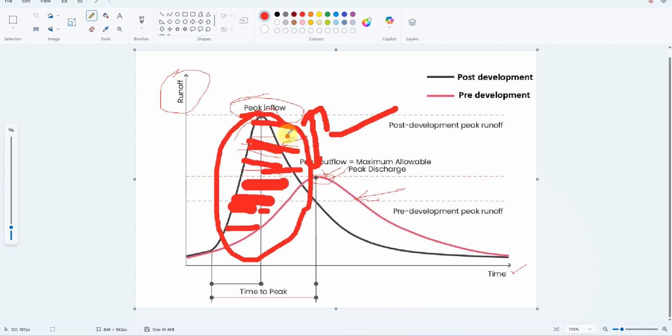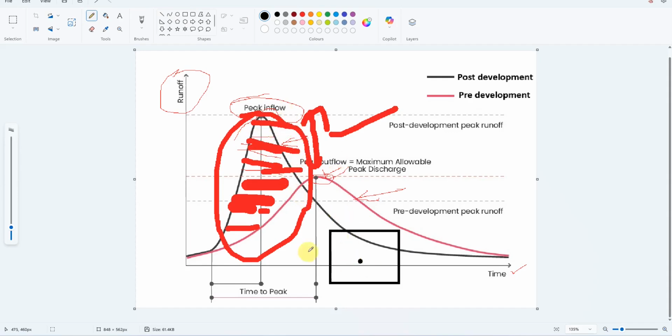Okay, how can we manage it? Either we can go for retention, or we retain some water and detain the remaining surplus water with the help of a drainage conveyance system. If I can draw that here, suppose I have a piece of land and I want to retain this surplus runoff.